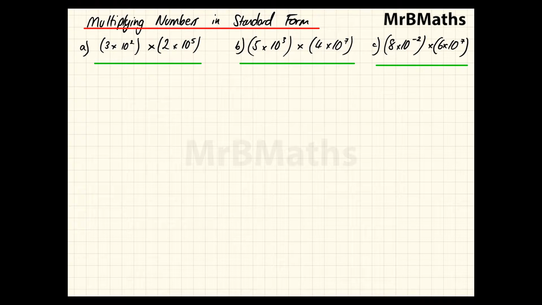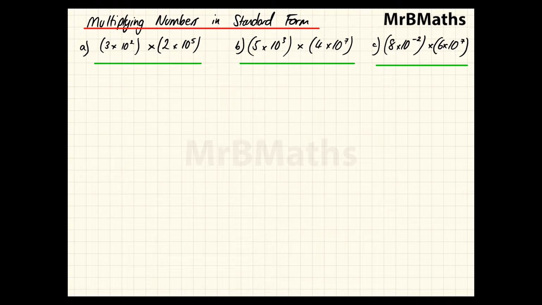Okay, so for A we've got 3 times 10 to the 2 times 2 times 10 to the 5. So questions like these will get slightly harder where you'll have to change them from not standard form into standard form before we can do this step. But all of these questions here, seeing as this is the introduction, all of these numbers are in standard form. So by that I mean the first number is between 1 and less than 10.